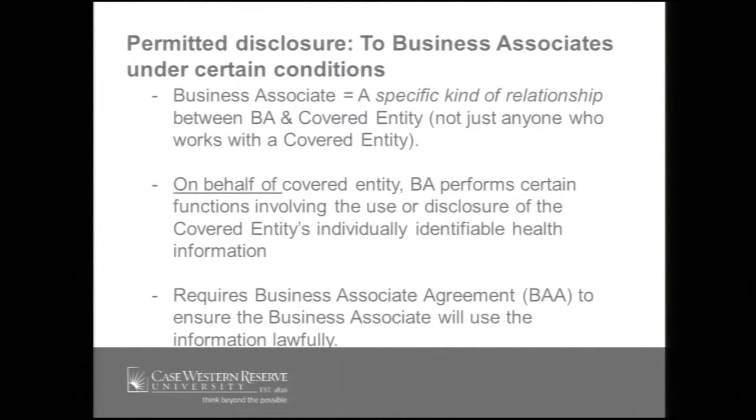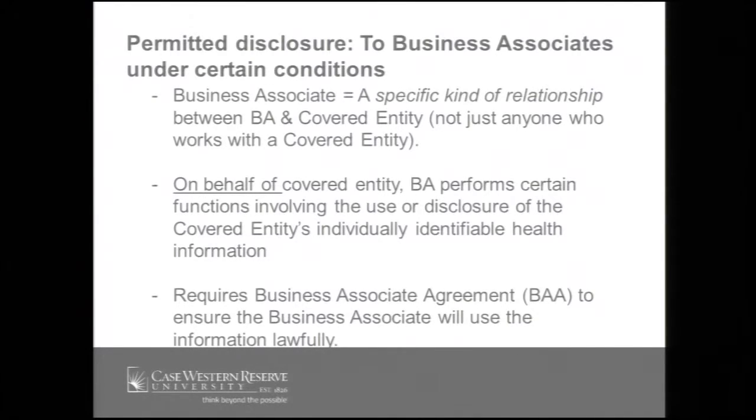There's a specific type of relationship that it means. A business associate under HIPAA is a person or entity that on behalf of the covered entity performs certain functions and services involving PHI. For example, financial services, legal services, administrative management.